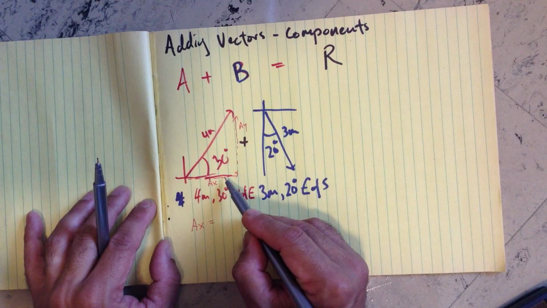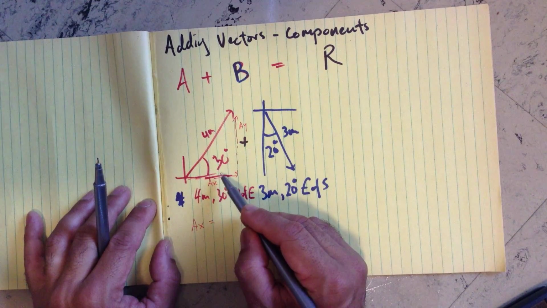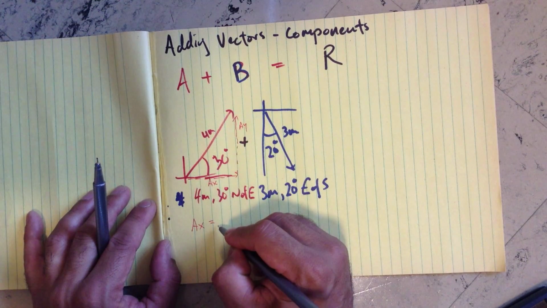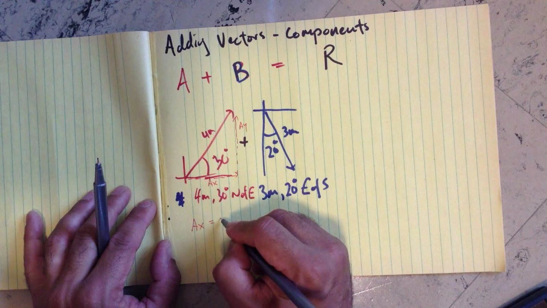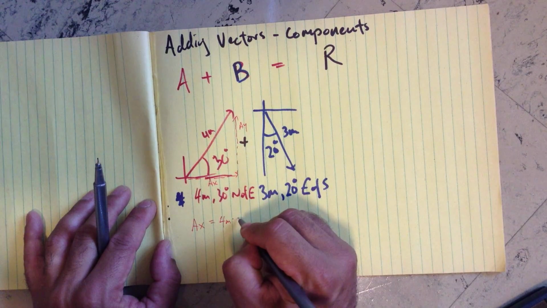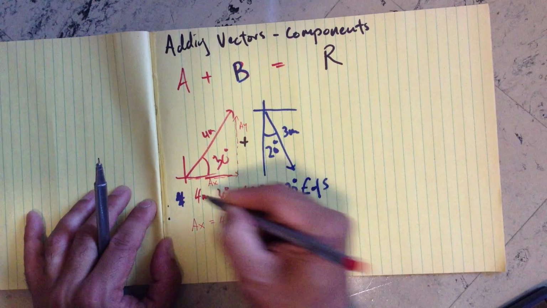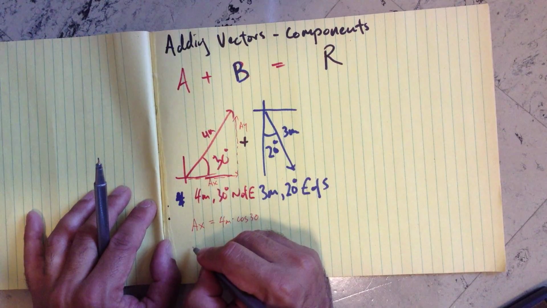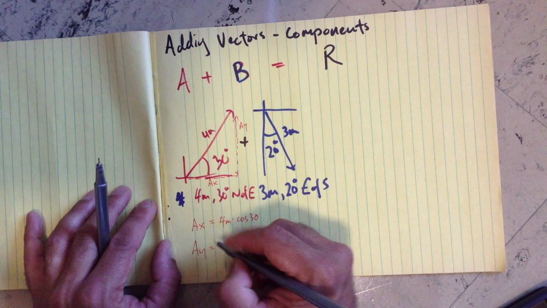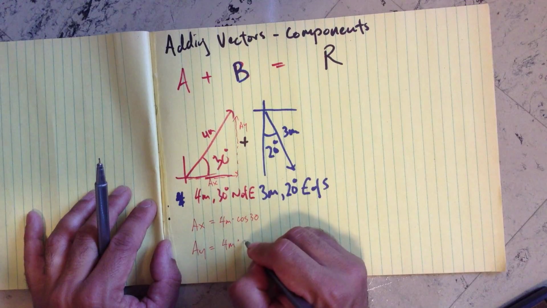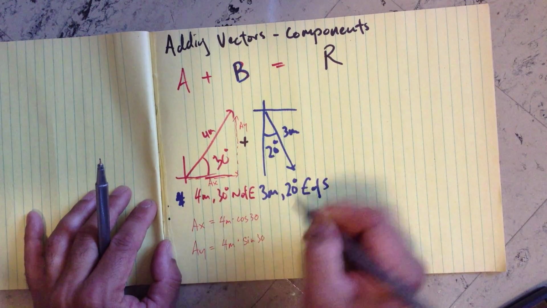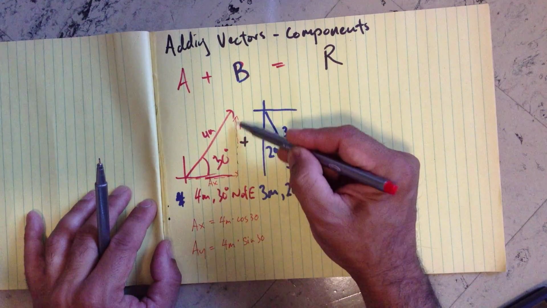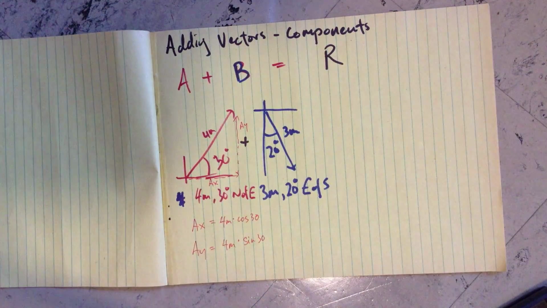It's the adjacent component of this vector. So here we have 4 meters times cos 30 because it's the adjacent. In the y direction, ay, it's up. We have 4 meters times sine 30 because it's the opposite to its angle, right? That's why we use sine there.